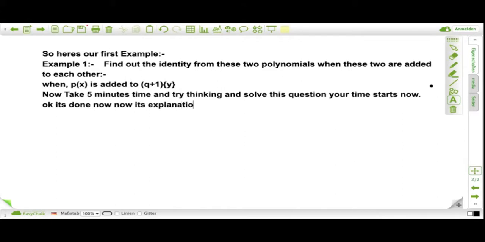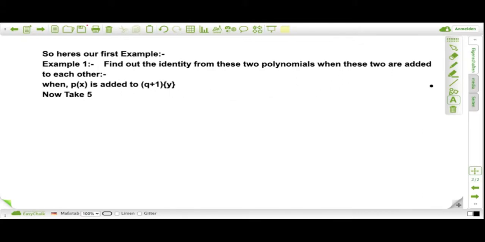Now here's your explanation. Here is the same explanation explained to you now. Have a look at this. Hope you understand well.